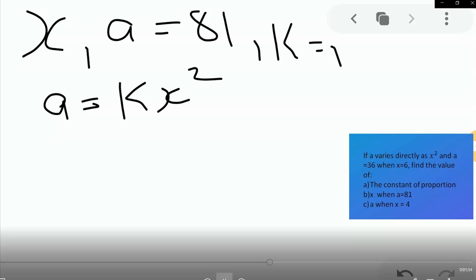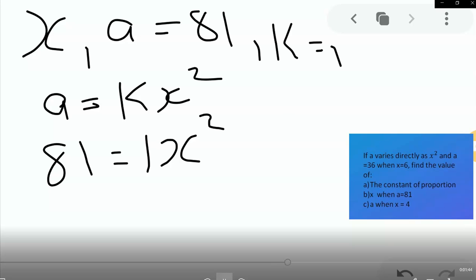And substitute what we know. So a is 81, k is 1, and we want x. So of course 81 equal 1x squared is the same as 81 equal x squared. So if we want x, how do we find x? We undo the square.